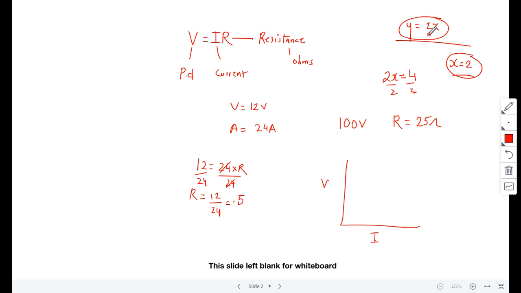Now you first tell me, what's the method of plotting a graph? Like in mathematics, how can you plot a graph? By putting a coordinate on the x-axis and matching it up with the y-axis.